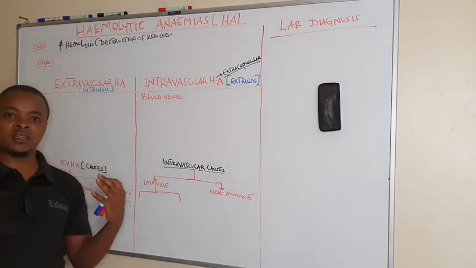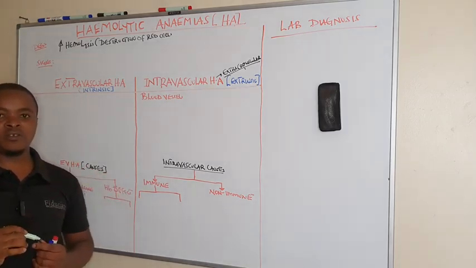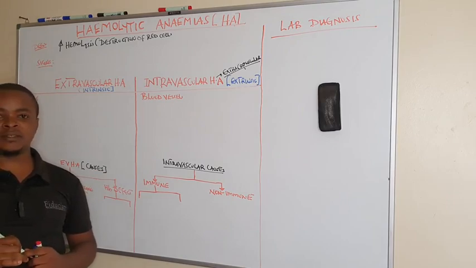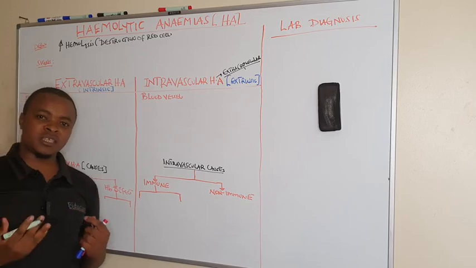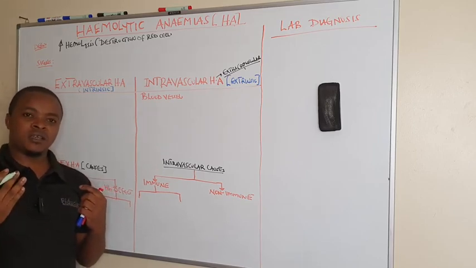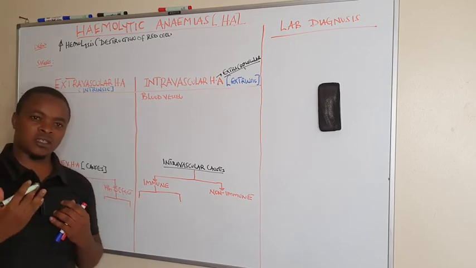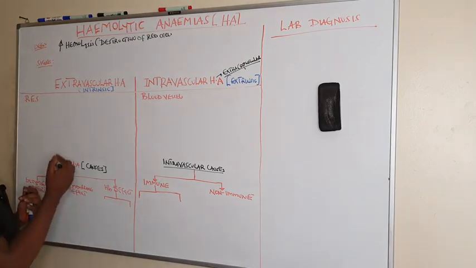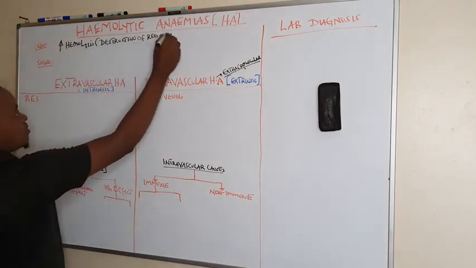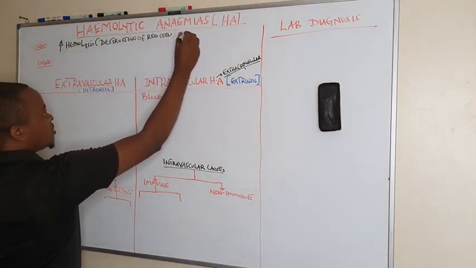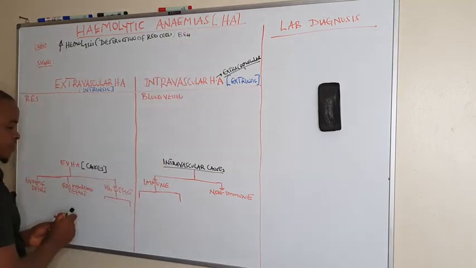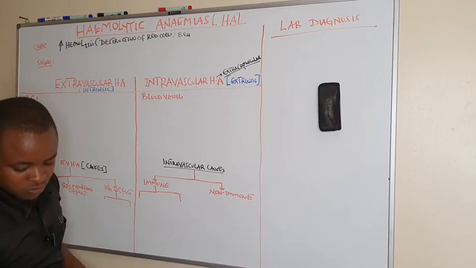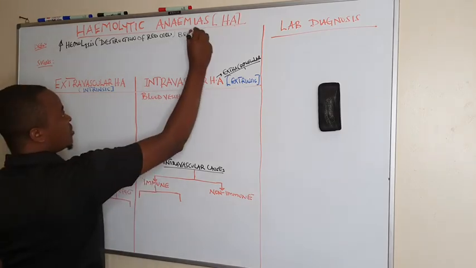We know the lifespan of red cells is 120 days, but in hemolytic anemias, these causes are leading to increased destruction before these red cells reach 120 days.